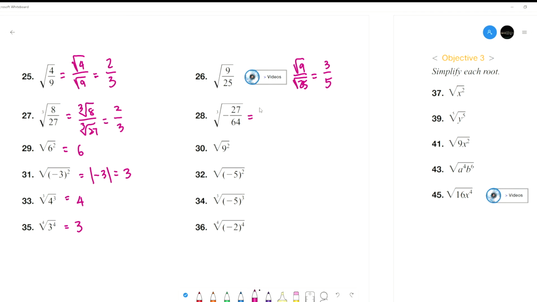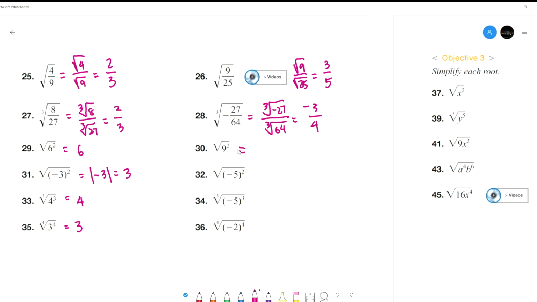So let's just do it to one of these numbers. So I have the cube root of, let's say, negative 27, over the cube root of 64. So that means this is negative 3 over 4. All right, so your final answer has to have that one negative sign somewhere.